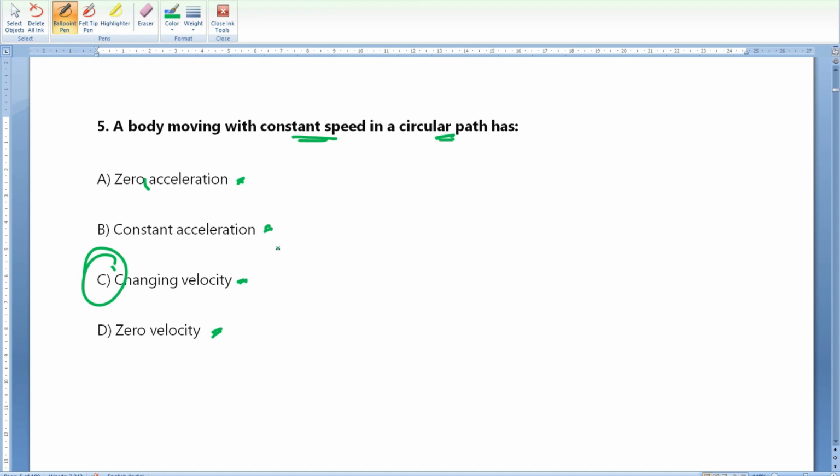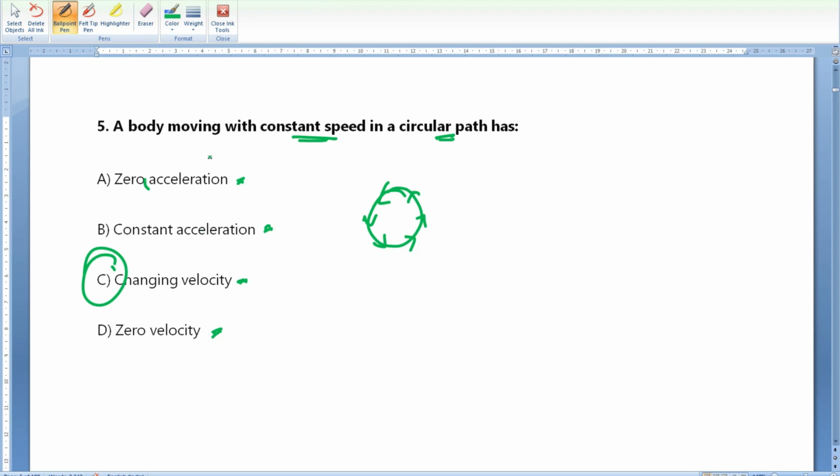In every step direction changes. Since direction changes, velocity also changes continuously. Whenever velocity changes, acceleration exists, and this acceleration is called centripetal acceleration.